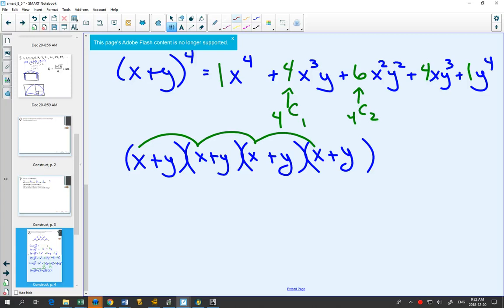There'd be 6 different ways you could choose 2 of the y's, and then the other ones would have to be x's. And so when it all gets multiplied out, that's why there's 6 x squared y squareds. So that's the connection between multiplying out and combinations and Pascal's triangle.